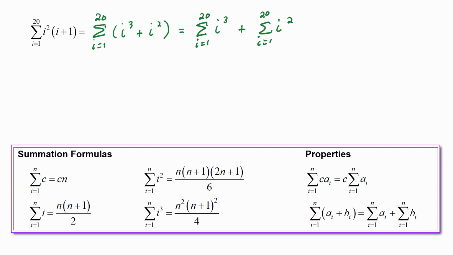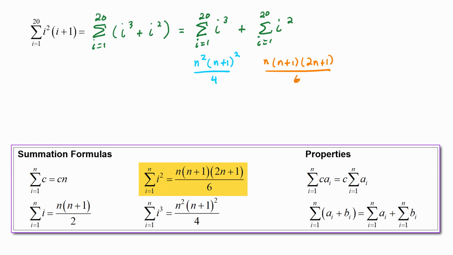Now, referring to our rules, for summing over i cubed, we will have to do n squared times n plus 1 squared over 4. And for summing over i squared, we will have to do n times n plus 1 times 2n plus 1 over 6.